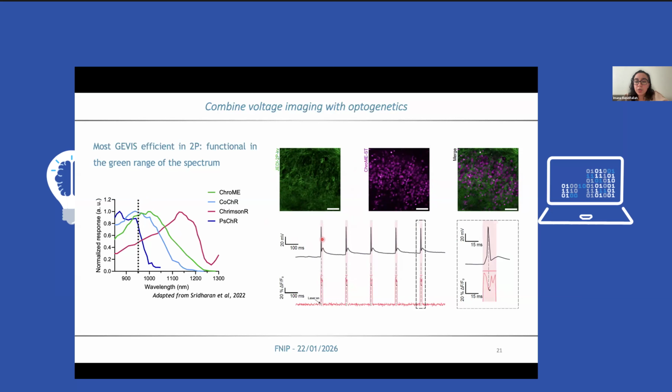And so these are the results, and here is a zoom in. So what you can see is that as soon as we shine the light to photostimulate, we get an action potential. But since we are also recording, we realized that we could also detect the spikes. So this could help us to dissociate the false negatives from the true negatives in our connectivity mapping experiments.